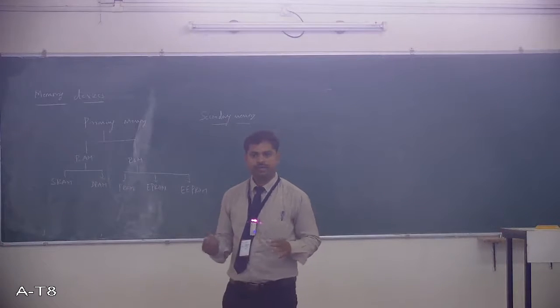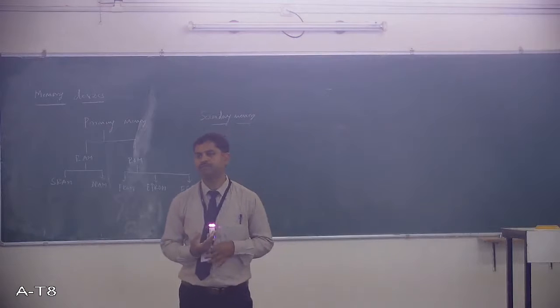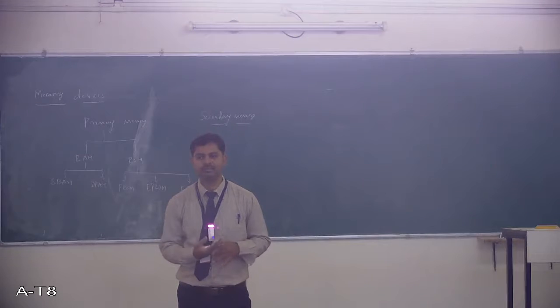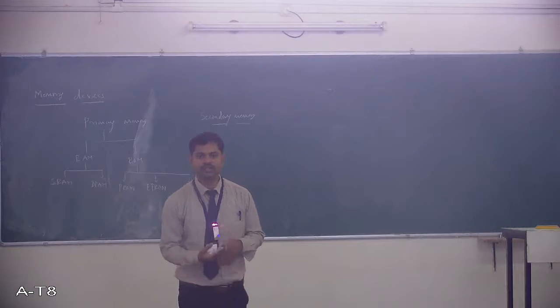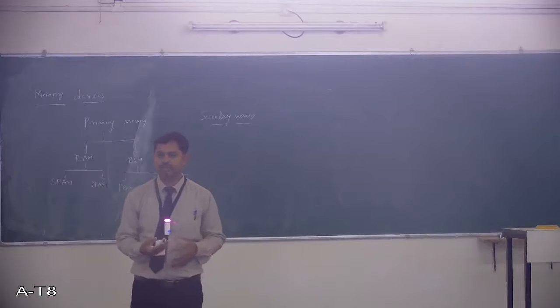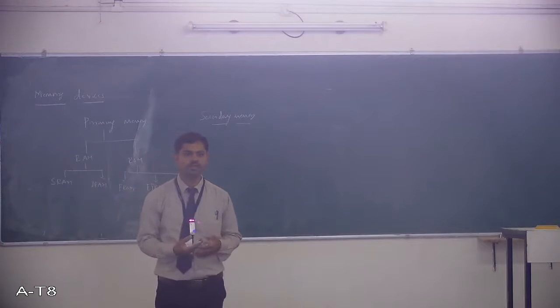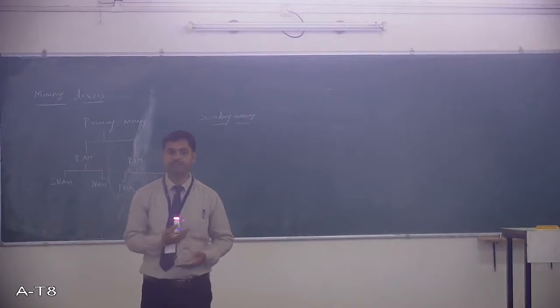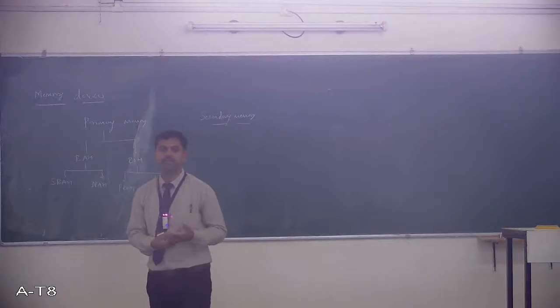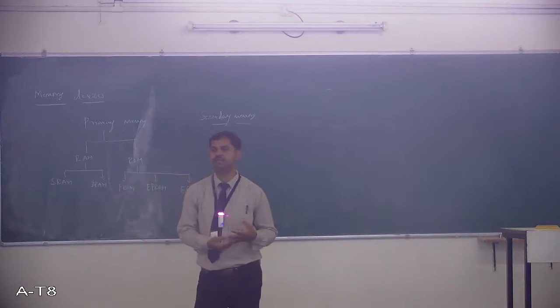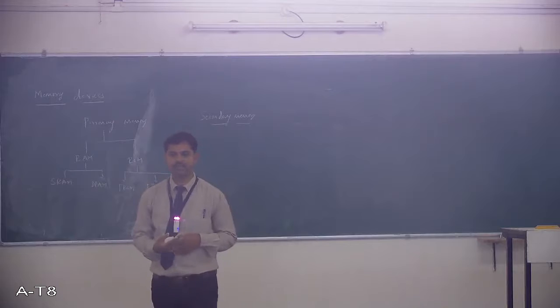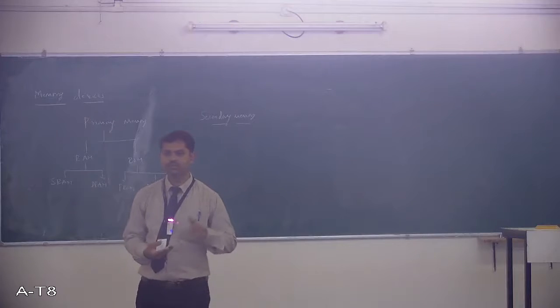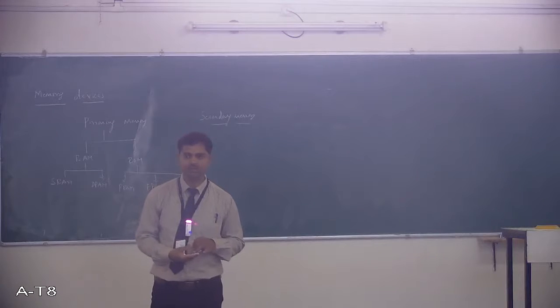So again, in memory you have many more types. Not all memories are the same. Sometimes we call it RAM, ROM, okay, permanent memories, temporary memories, primary memories, secondary memories. So its basic function is the same, which is to hold the information.